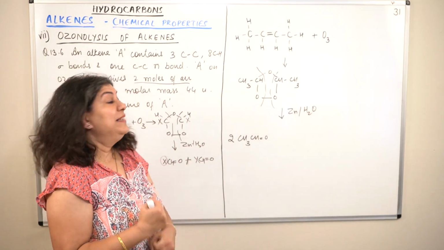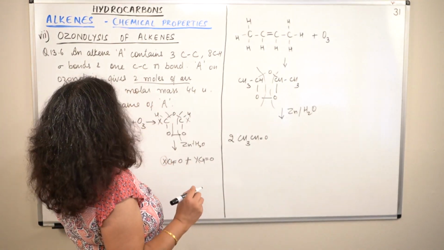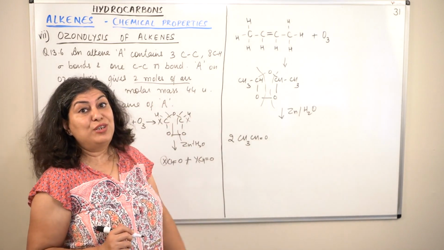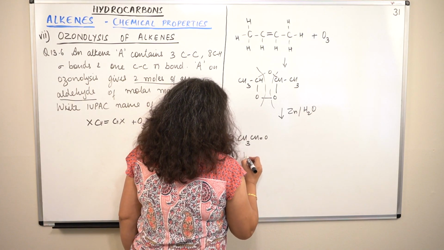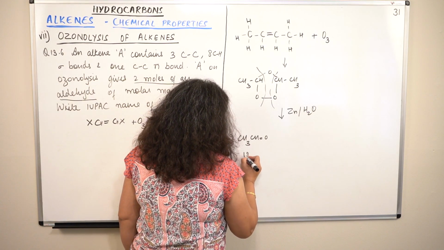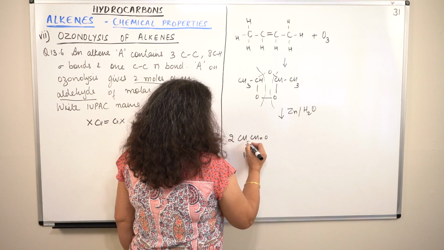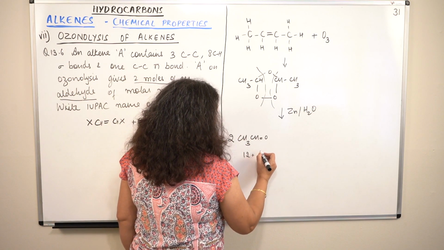Let us now calculate the mass of ethanal, because it says the aldehyde has a molar mass of 44 unified atomic mass units. So the mass of carbon is 12, right? There are how many hydrogens here? 4 hydrogens in this.